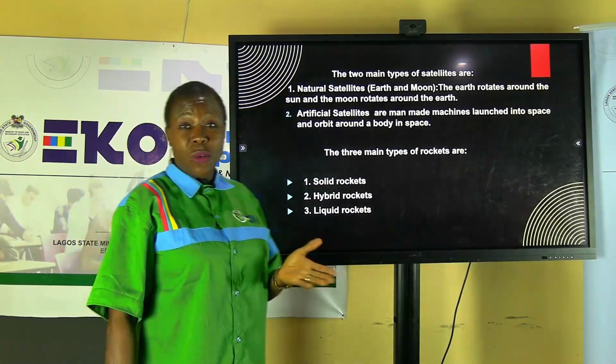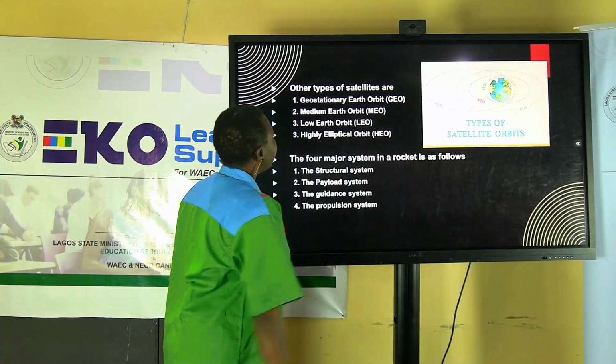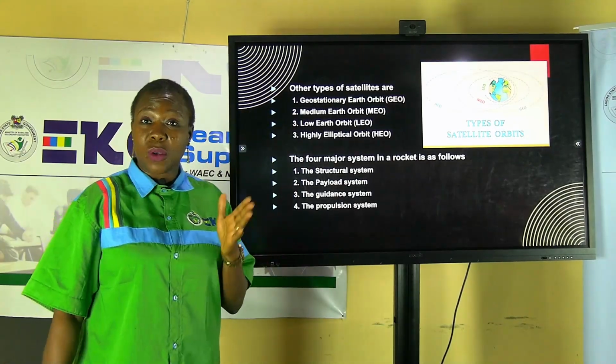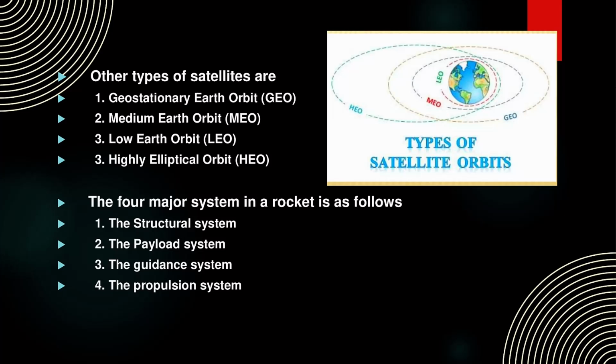The three main types of rockets are solid rockets, hybrid rockets, and liquid rockets. We have other types, such as geostationary Earth orbits, medium Earth orbits, low Earth orbits, and highly elliptical orbits.